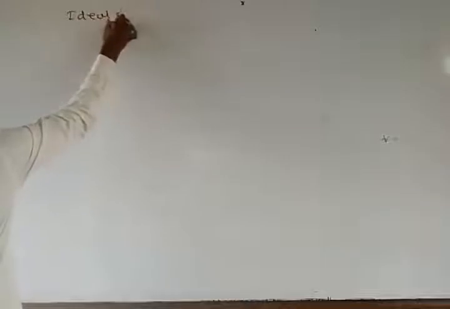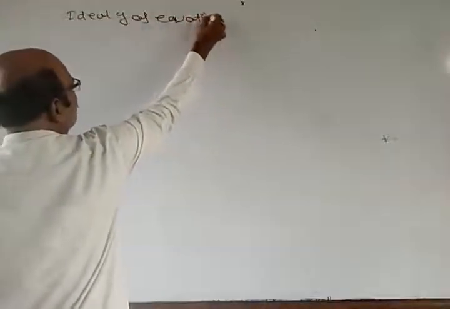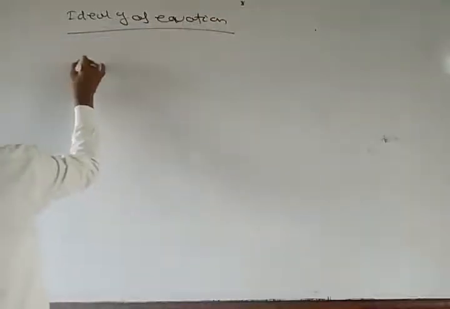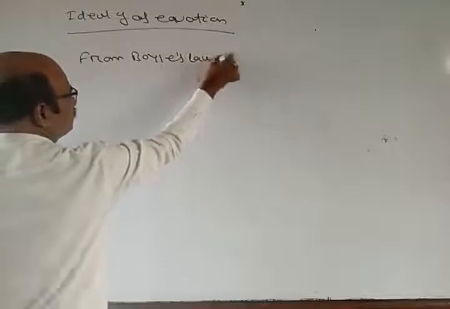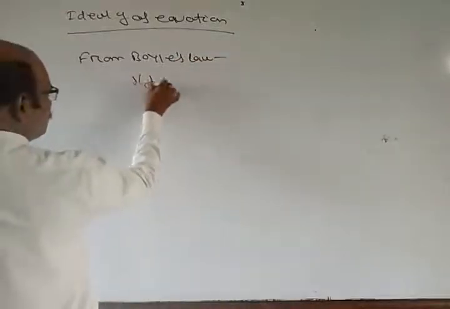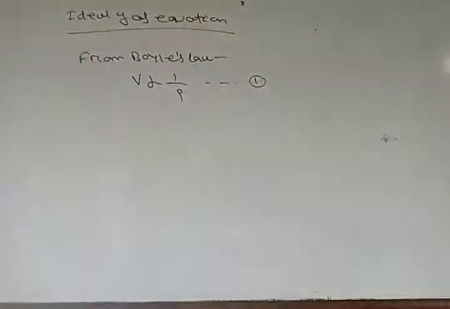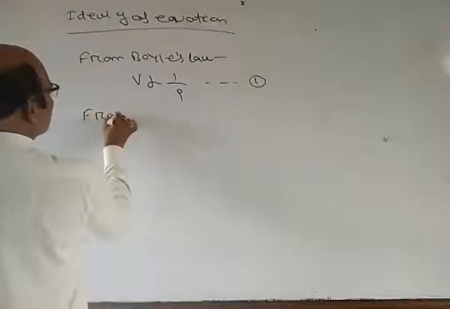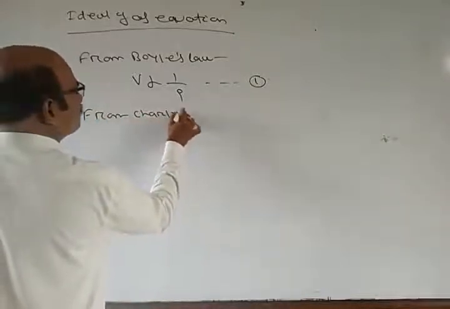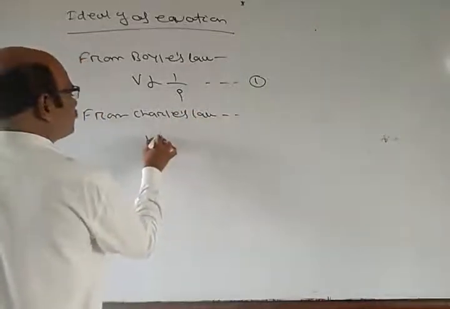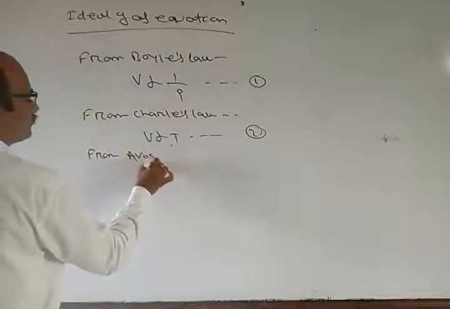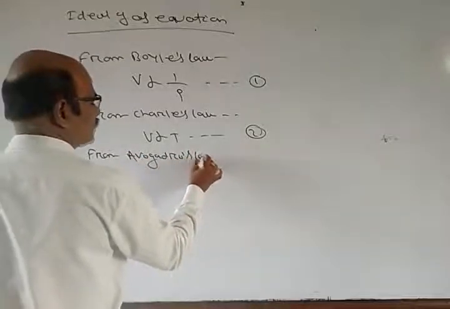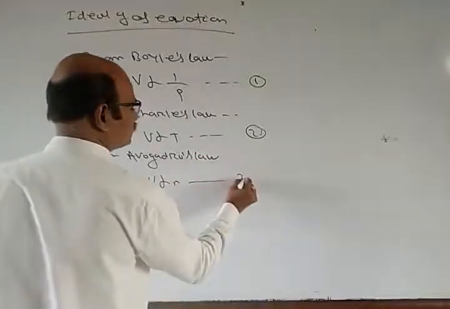So, the ideal gas equation. We know from Boyle's law, V is proportional to 1 by P. From Charles' law, V is proportional to T. From Avogadro's law, V is proportional to n.